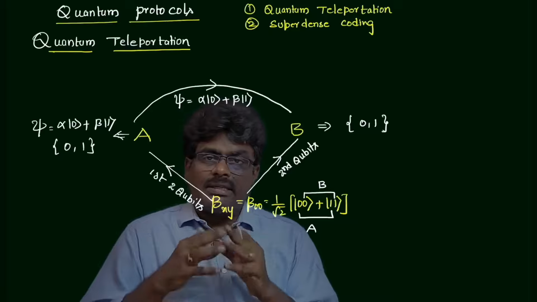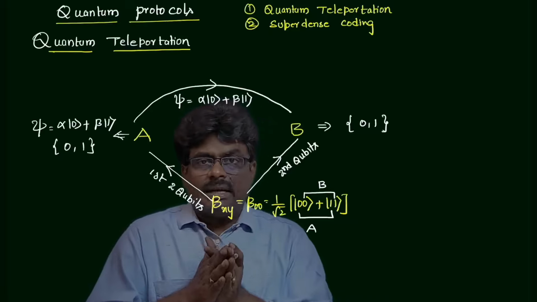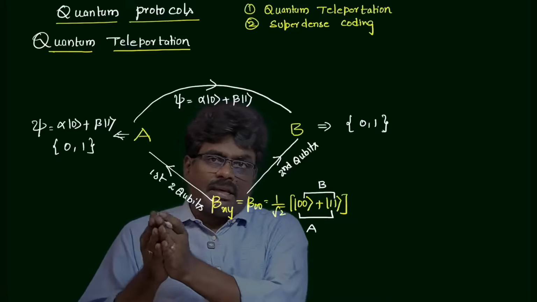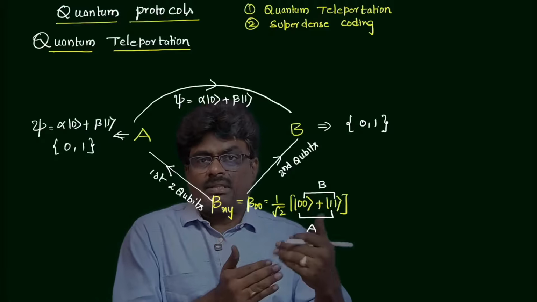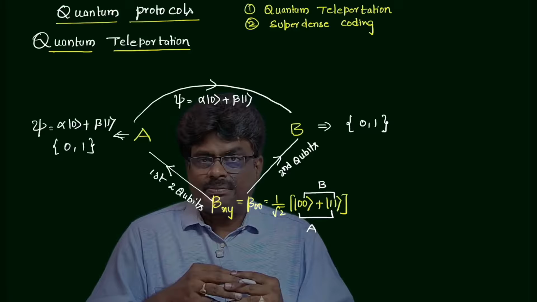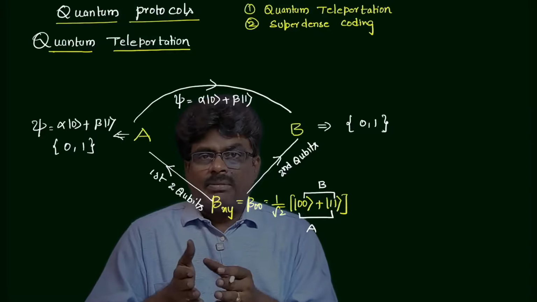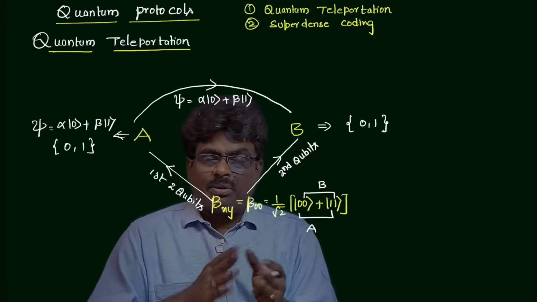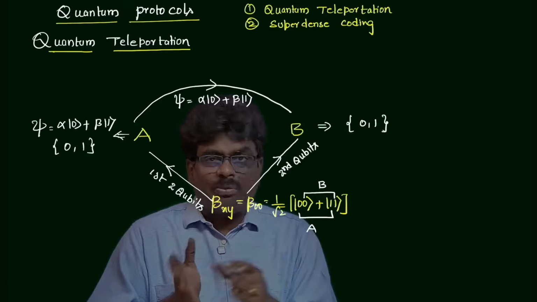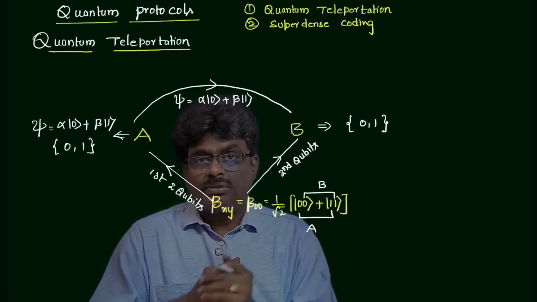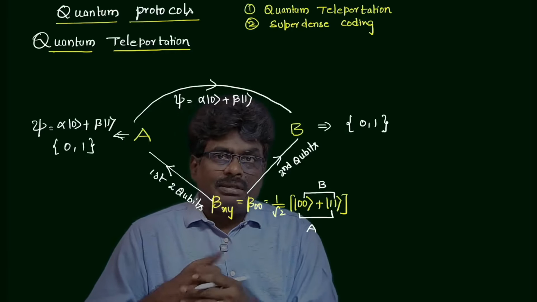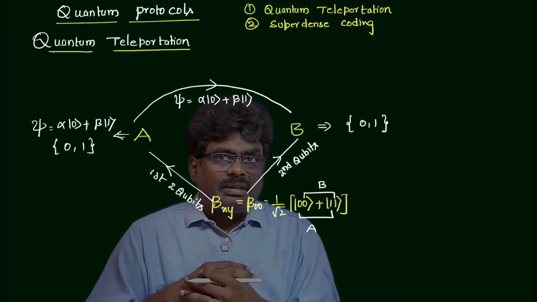So one Bell state is created. From that Bell state, the first qubits are taken by A and the second qubits are taken by B. And A wants to send a quantum information psi equal to alpha 0 plus beta 1 from one point to another point through a classical channel. So what does this classical channel mean?